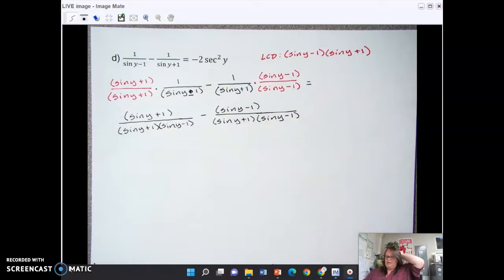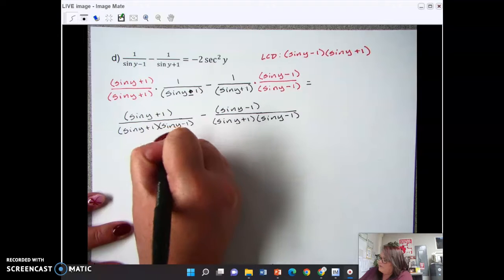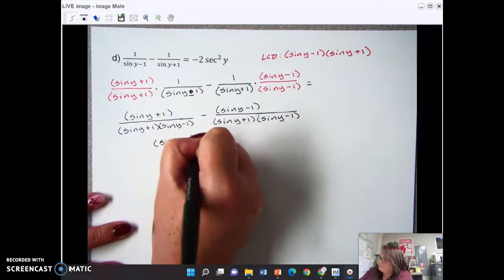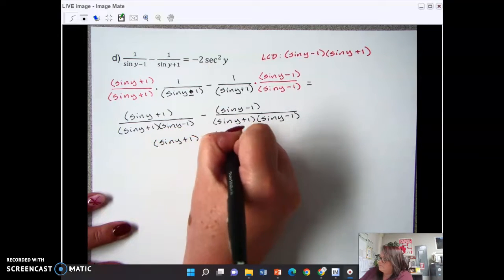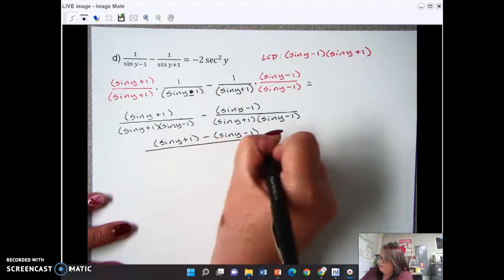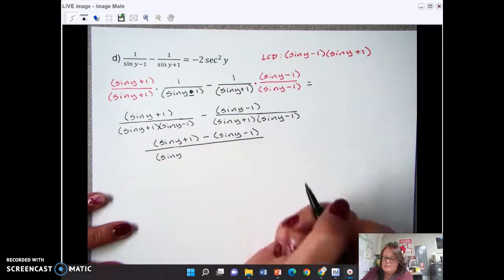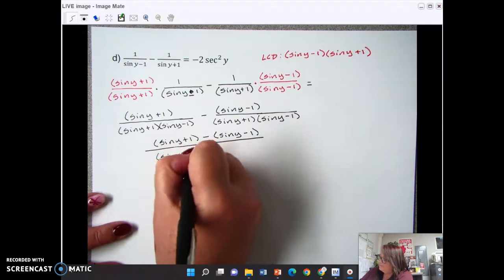Okay. And so then when we combine them, we're going to subtract the numerators. And then we are going to leave the denominators the same. Notice it's getting a little crooked, sorry about that.